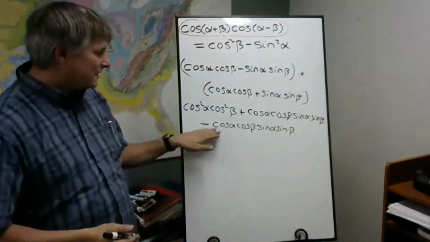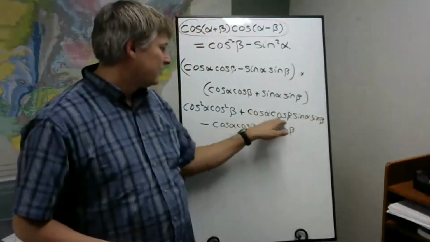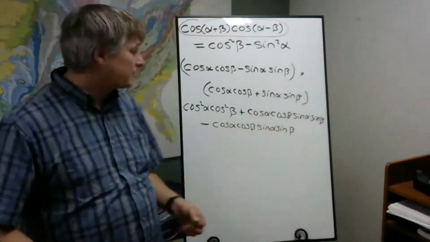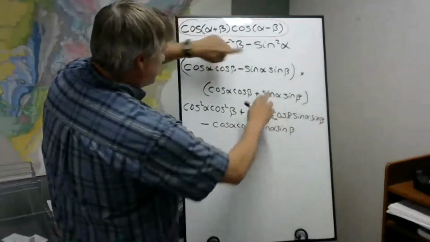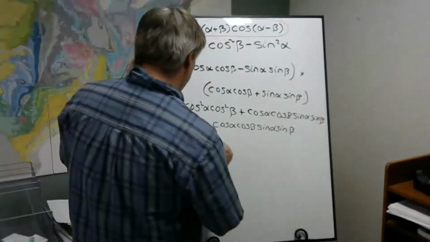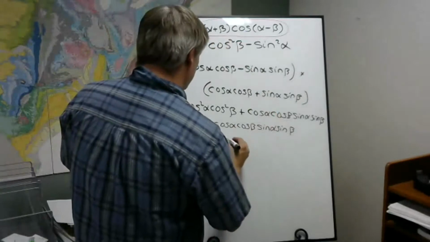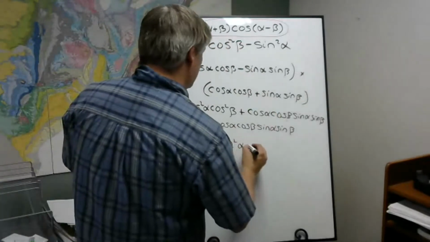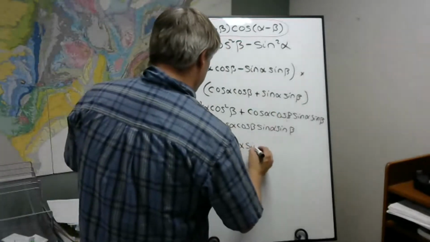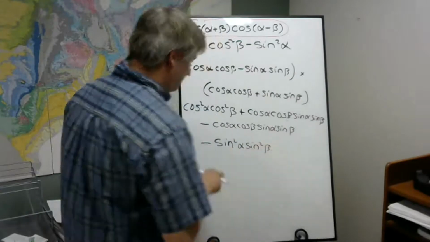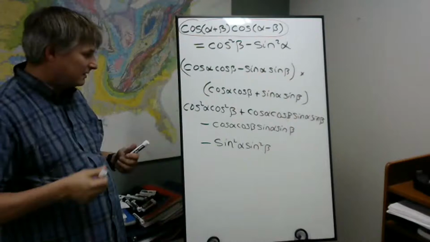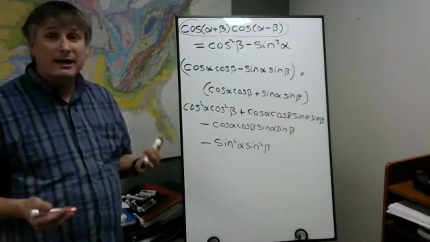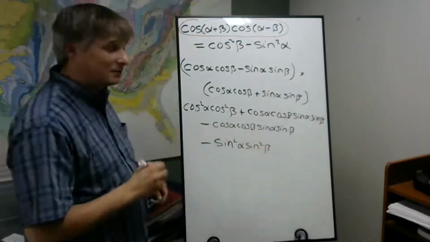So you can see that this and this, those are going to cancel out. Finally, the last terms, these right here. So now we take into account the cancellations.